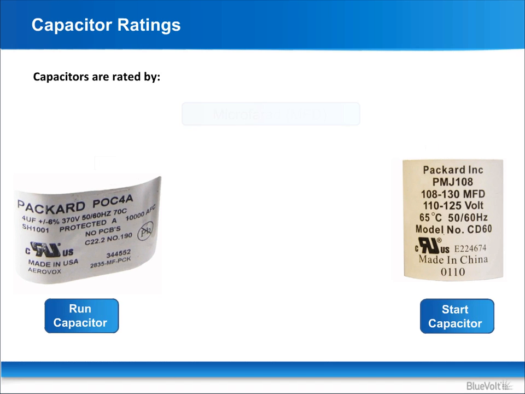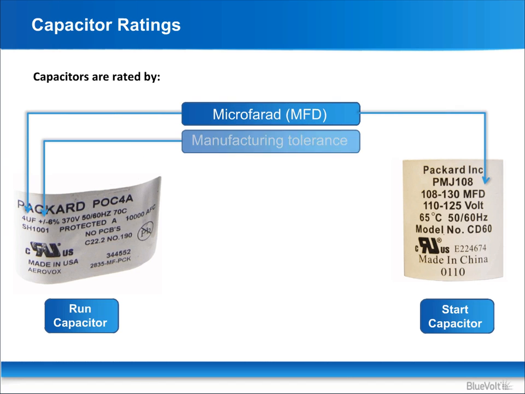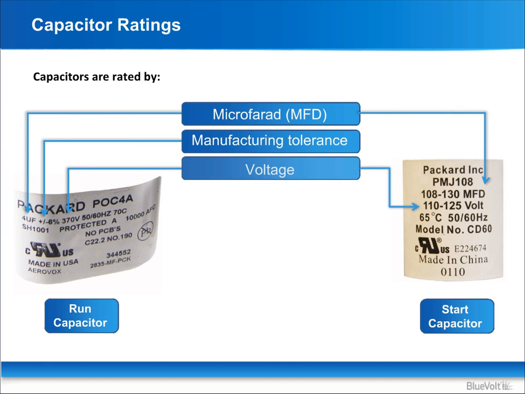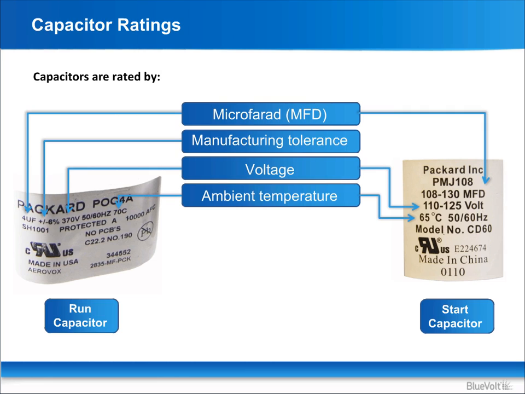Capacitors are rated by microfarad, manufacturing tolerance, voltage, and ambient temperature. The tolerance on a run capacitor is the manufacturing tolerance that occurs in this capacitor. Tolerance may vary from manufacturer to manufacturer. The notation UF is a substitute for MFD in electronics literature and is often displayed on capacitor labels.